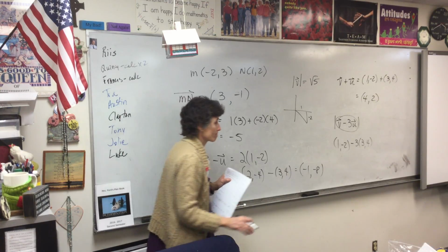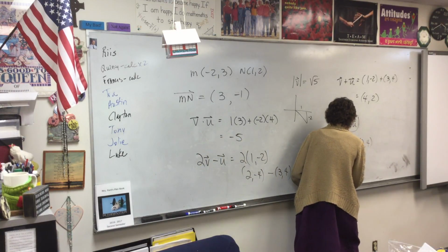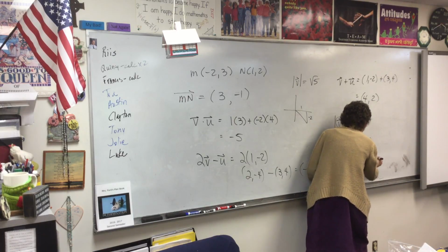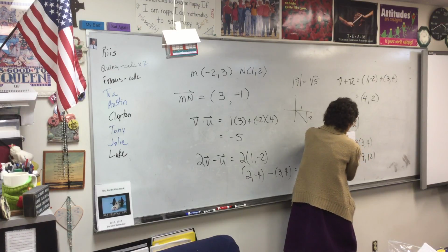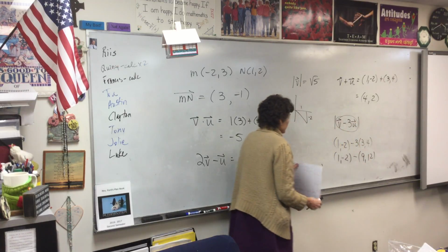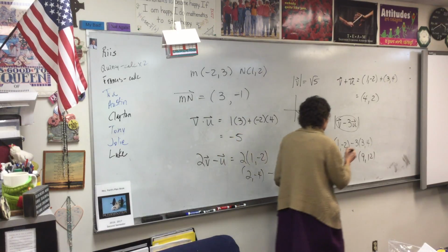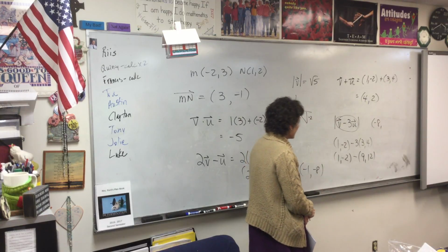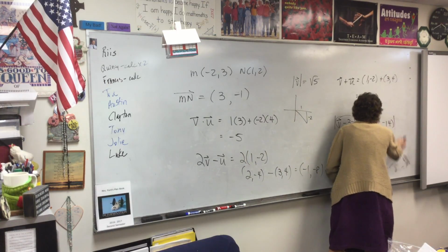Right? So what have we got? 1 minus 2. All right, let's see. This is going to be minus 9, 12. Is that right? So now I'm going to subtract. So what do I have? 1 minus 9, negative 8. Negative 2 minus 12, negative 14.